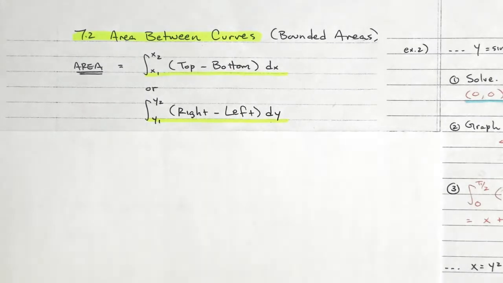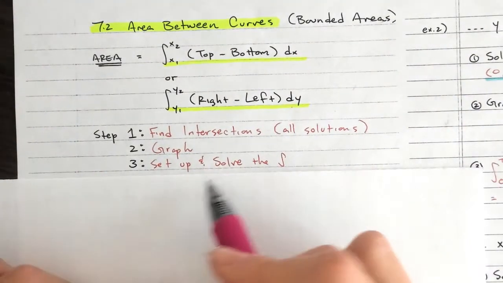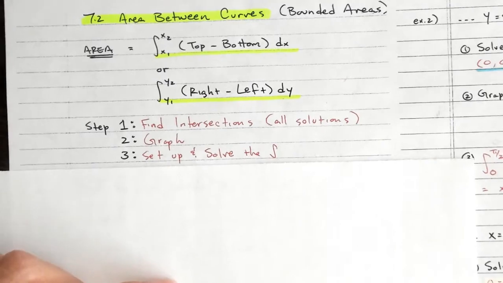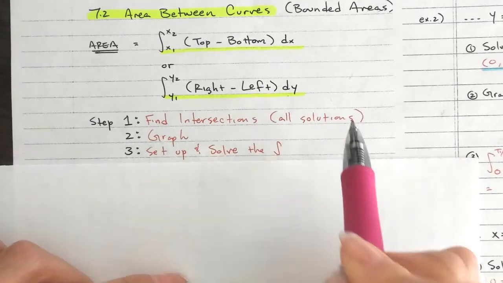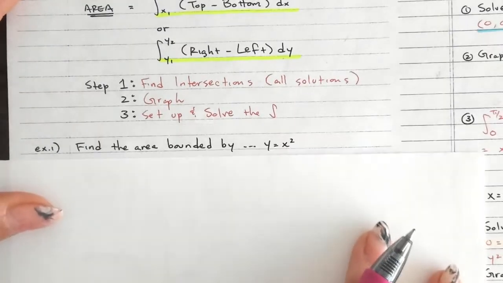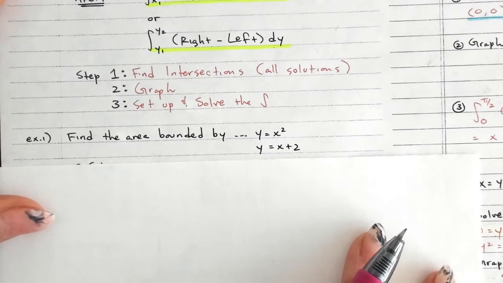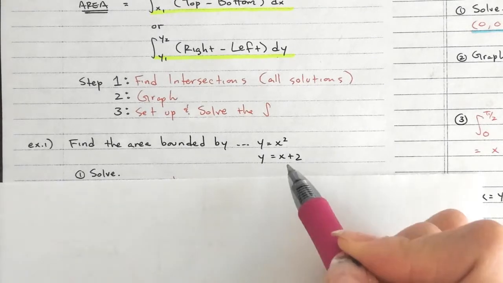So how do we do it? We do these 3 steps. Really, it's step 3, but I want you to be able to graph it, and in order to graph it, it helps to have intersections or solutions to the system. So for example 1, how do you solve this? Well, how do you solve a system of equations? You set them equal.